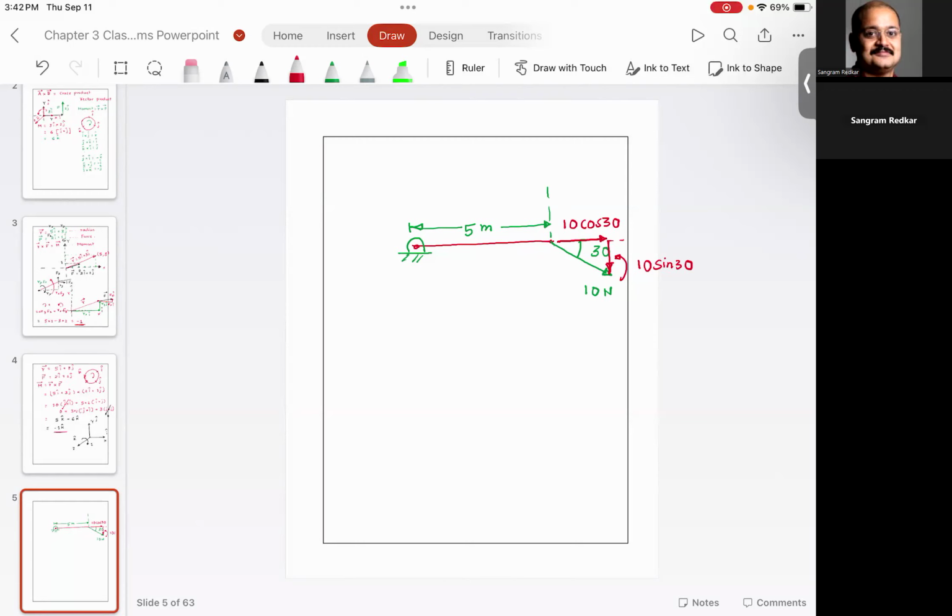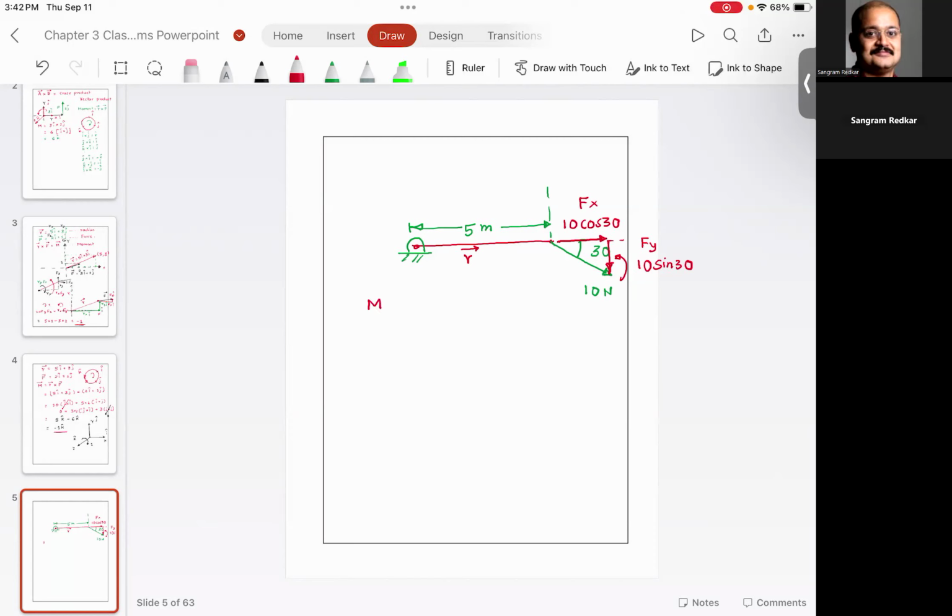So can you see that you have this horizontal component, Fx, and this vertical component, Fy, and your lever arm or the radius is 5. The horizontal force, 10 cosine 30, is not going to give us any moment, but the vertical force is going to give us a moment.